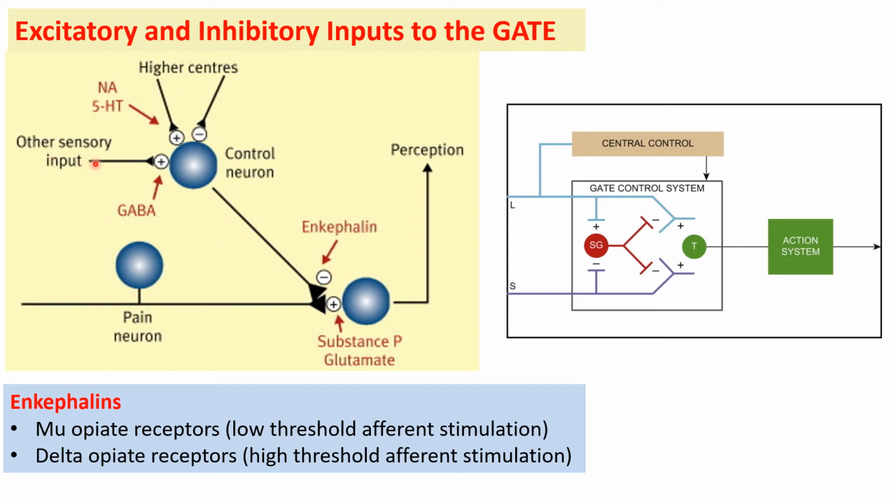Other sensory inputs from touch, pressure, proprioception coming from the A beta fibers, large diameter myelinated fibers, would excite the substantia gelatinosa cells. Their primary function is not nociception. They are carrying touch and other sensory modalities.